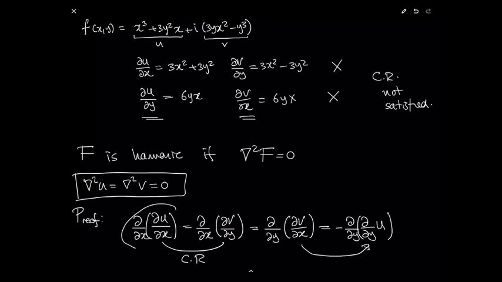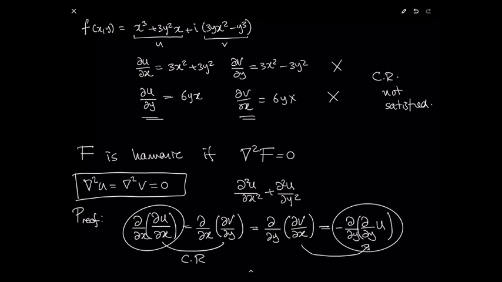I have that this is equal to that, which means that I have d squared u dx squared plus d squared u dy squared equals 0, which is just the longhand way of writing this. In other words, u is harmonic. And you can show the same thing for v.